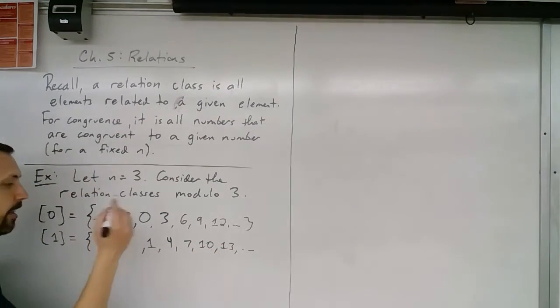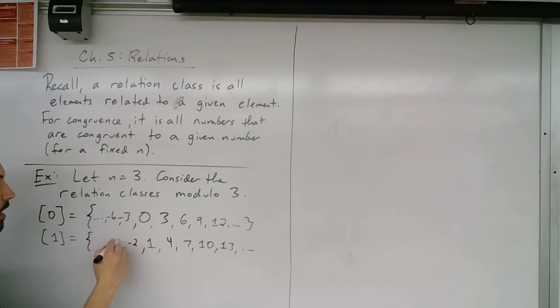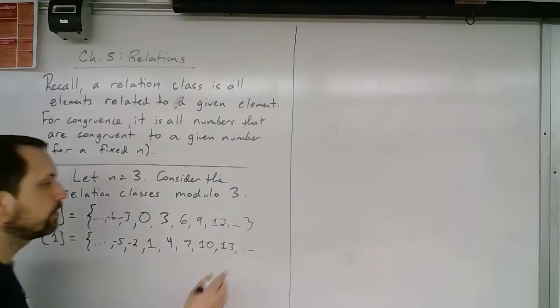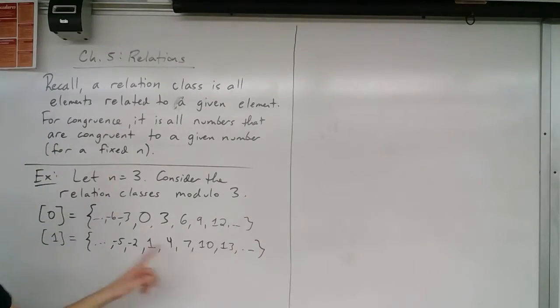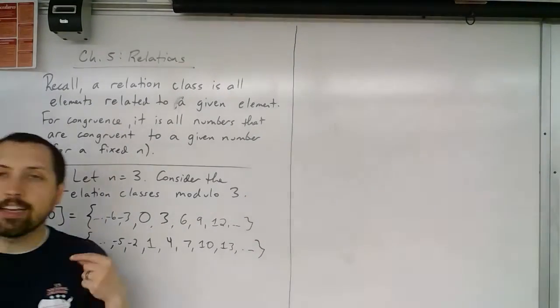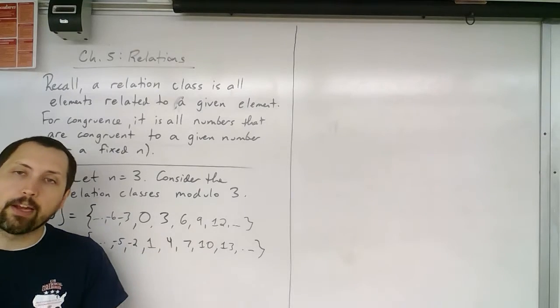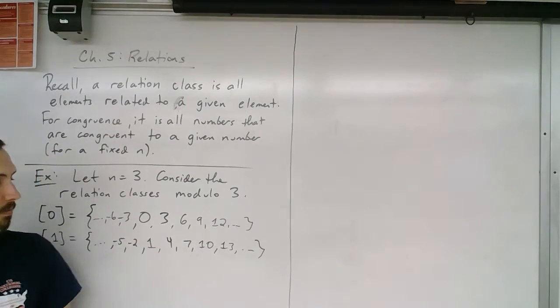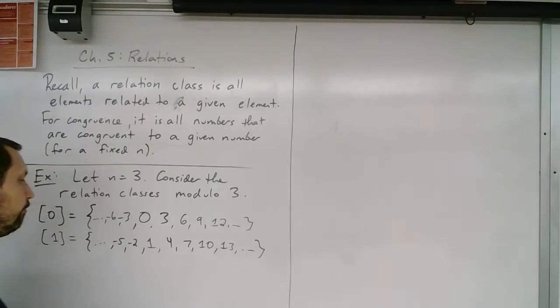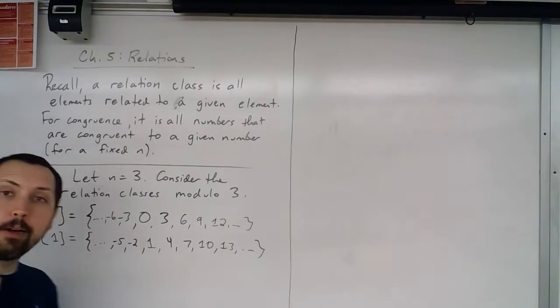And in this direction, it would be negative 2, negative 5, and so on. All of these, if you divide by 3, give a remainder of positive 1.